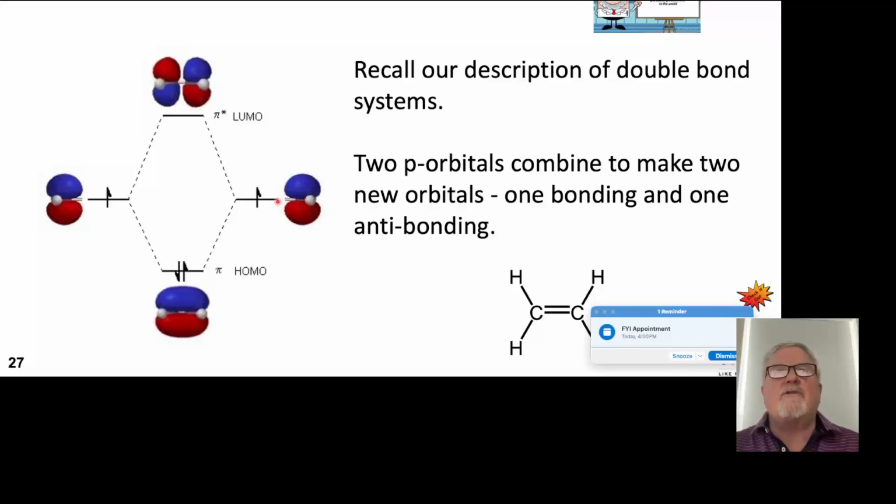When we take the electrons that were in those p orbitals, we can put two electrons in one orbital. Both of them are in lower energy, so we say that this is a bonding molecular orbital. And we have no electrons in that higher energy anti-bonding molecular orbital. If we did, because it's anti-bonding, it would start pushing the nuclei away from each other.